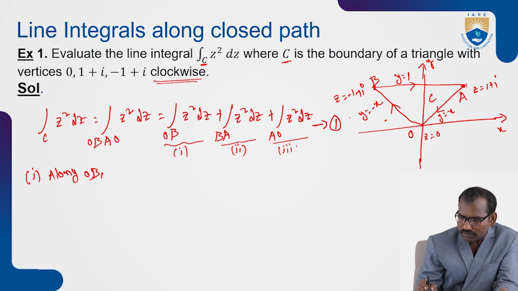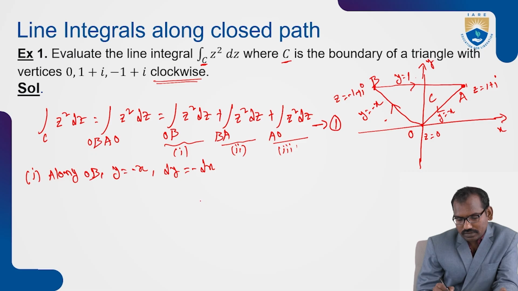The path of OB is y equals minus x. Whenever y is minus x, then dy becomes minus dx, because I am differentiating on both sides.